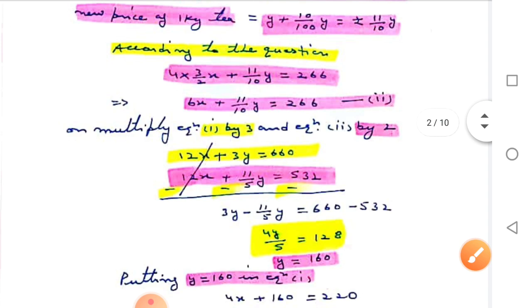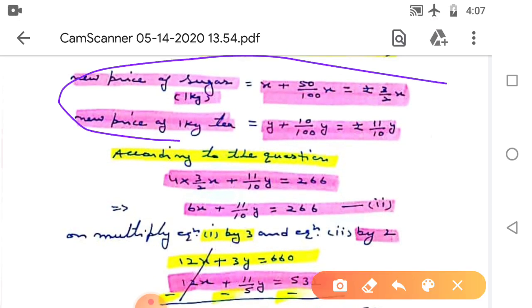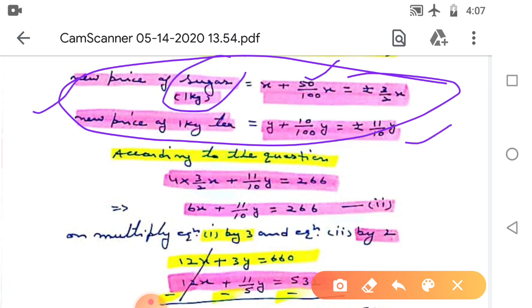Clear? So important step. Second condition: when the price is increased by 50% as far as sugar is concerned, x plus 50% of x becomes 3 by 2x. Price of 1 kilogram of tea, 10% increase, that is y plus 10% of y.